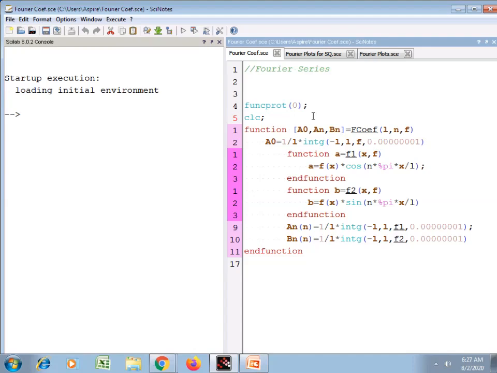Then the function is defined for calculating Fourier coefficients a0, an and bn. Therefore, in square brackets a0, an, bn is equal to function fcoef with the three variables: L for the half period of the periodic function, f, and n, the number of terms to be included in the Fourier series.